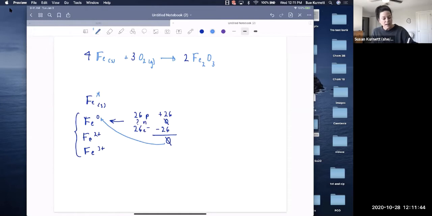Okay, so iron here on the left has 26 electrons, but on the right, if we named that compound, we would call it iron 3 oxide. Why iron 3? Because it's lost 3 electrons. So when iron lost 3 electrons to become iron 3, it was oxidized.